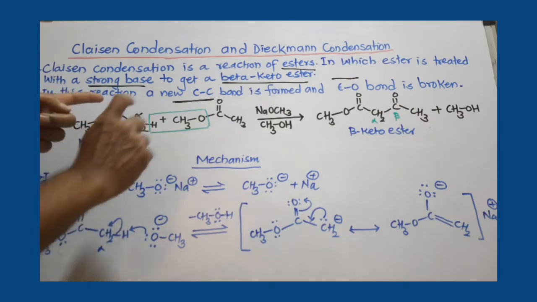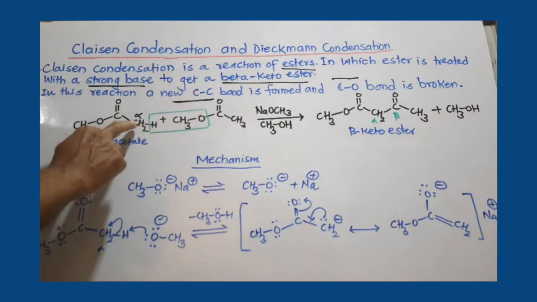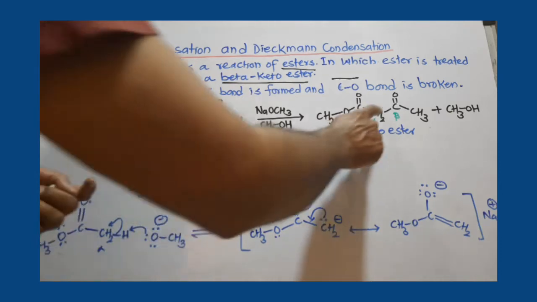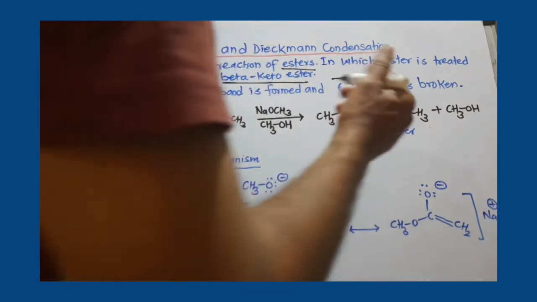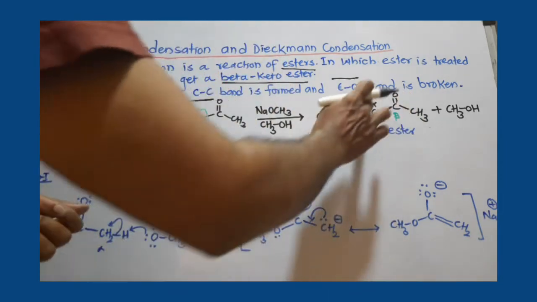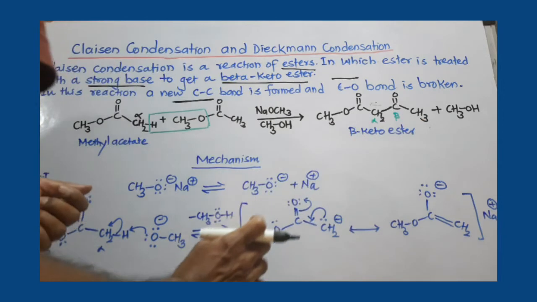So this methanol is formed, and you have to form a bond between this alpha carbon and this carbonyl carbon. So there is formation of this bond, between the alpha carbon of one molecule and the carbonyl carbon of another molecule.